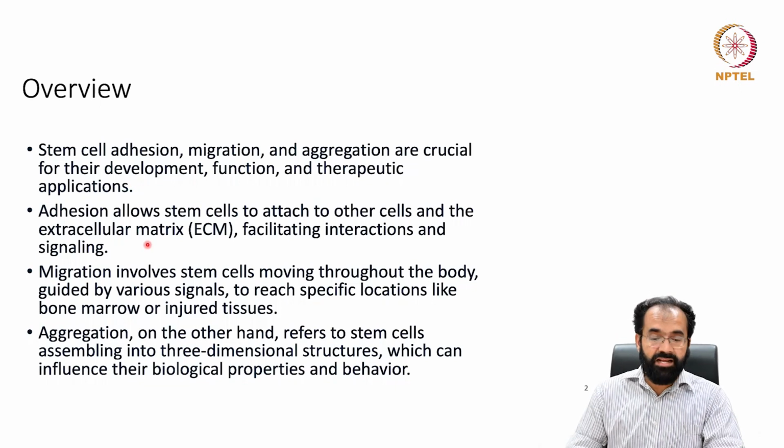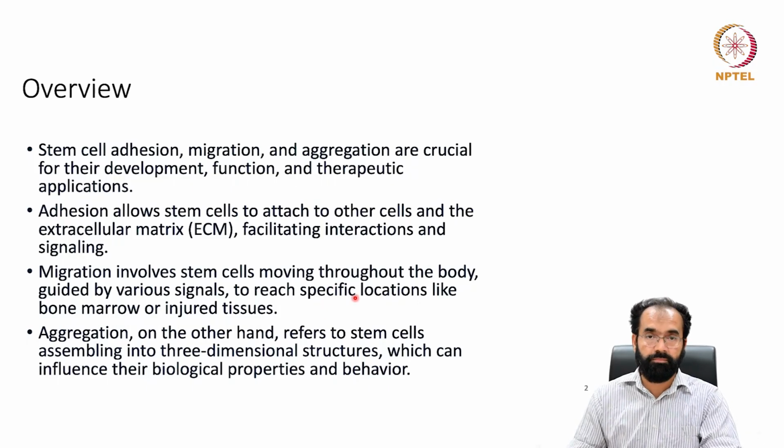So the adhesion allows the cells to attach to other cells and also to the extracellular matrix, and this facilitates the interconnections between the cells and also favors cellular signaling events. The migration involves the stem cells moving throughout the body, which occurs in a real-time scenario, and it is often guided by various signals to reach specific locations.